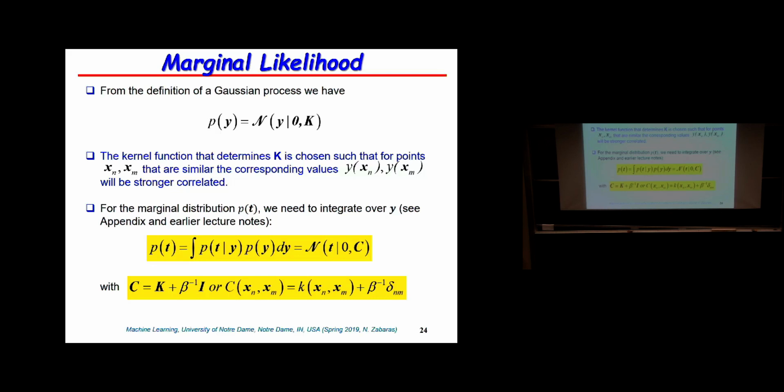If you look at this equation, what is this? What's the name we use for P of t up to now in the course? Marginal likelihood, the evidence, right? So effectively, this is the only thing we know about our model.